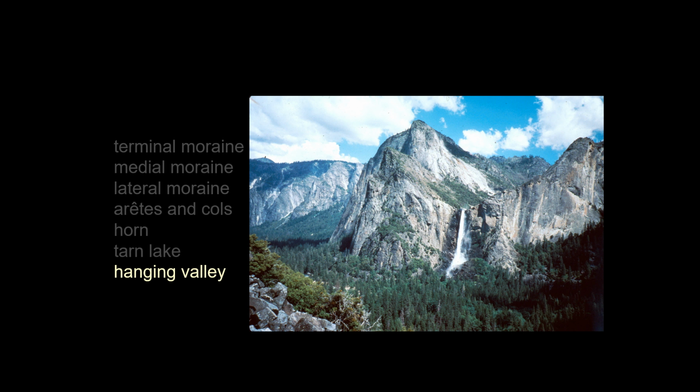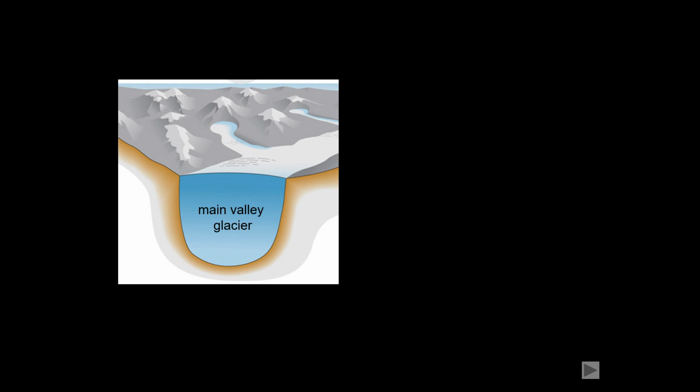You can also have a V-shaped valley, an unglaciated valley that you find that comes in contact or joins up with a main valley glacier. And you see some really beautiful waterfalls in Yosemite National Park. There's Bridal Veil Falls, just an absolutely gorgeous place where a hanging valley exists in Yosemite Valley, something you really want to see. And here's kind of how that's happening one more time.